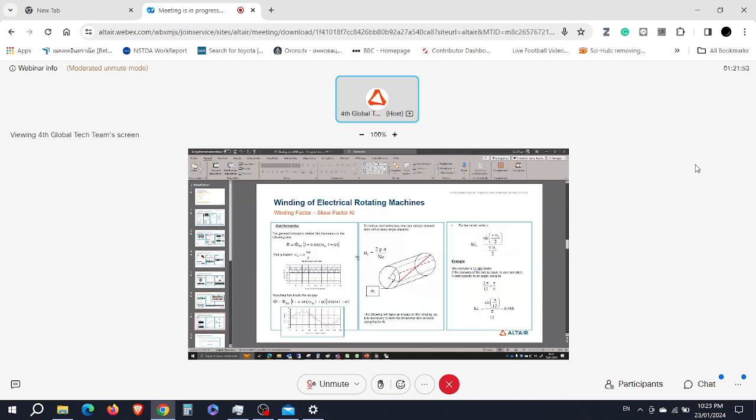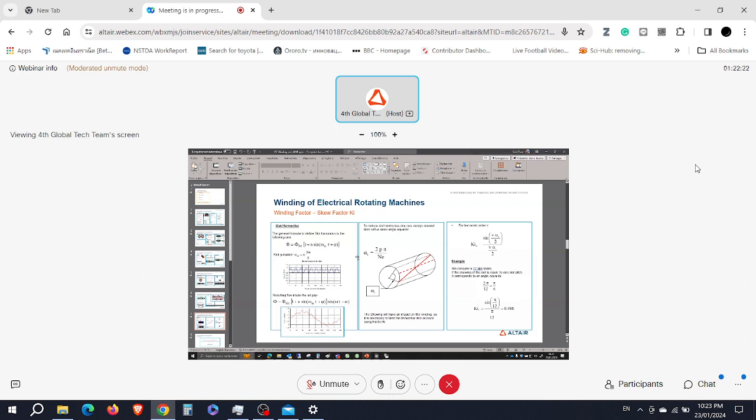The other technique to reduce the harmonics is skewing. In most cases, it's the rotor that we skew, but it can happen that we skew the stator. And if we skew the stator, then we will see this skew factor appearing.